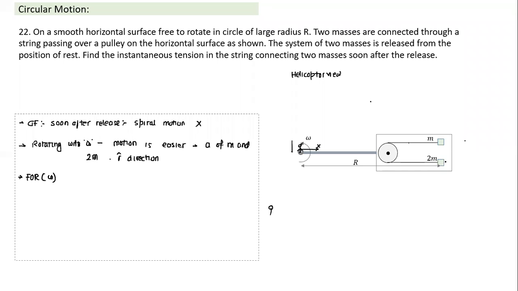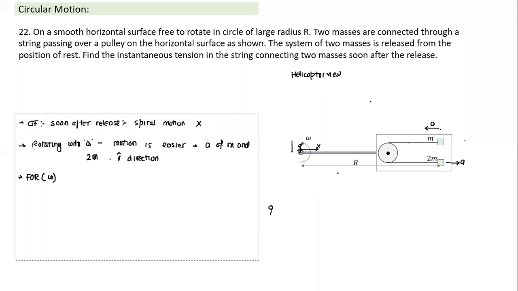If this block has a radial acceleration A away, this block will have acceleration A towards. That's a constraint condition from this frame of reference. Whatever acceleration this one appears to have going away, this object will appear to move towards with the same acceleration. In this frame, if this moves by 1 meter, this has to move closer by 1 meter.